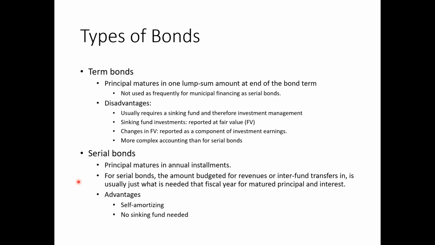Types of bonds issued. Term bonds, in which principal matures in one lump sum amount at the end of the bond term. Term bonds are not used as frequently for municipal financing as serial bonds. Why?